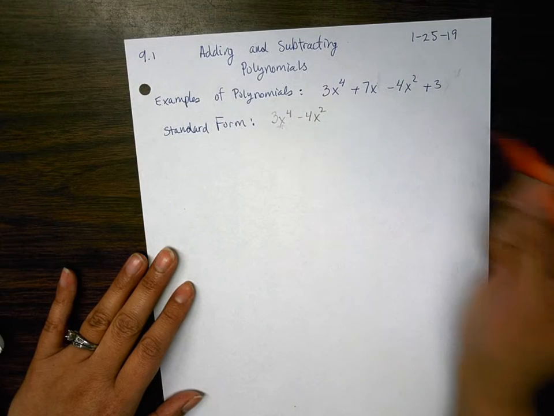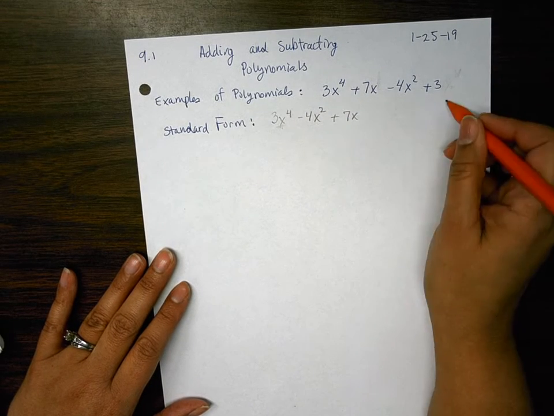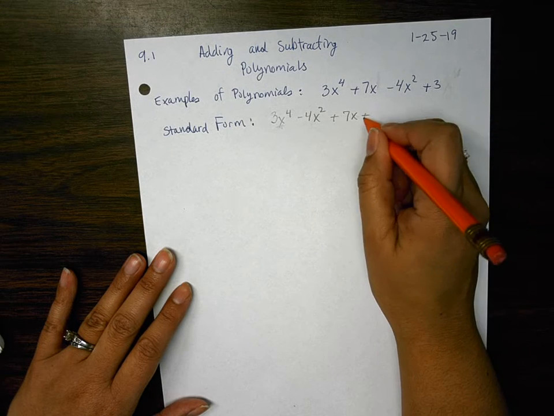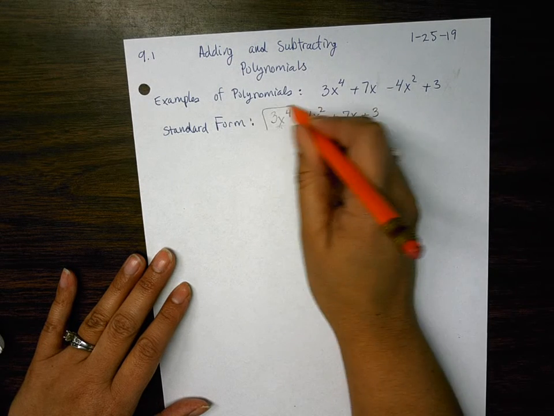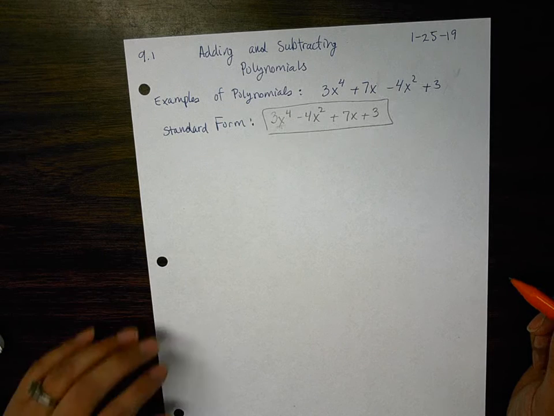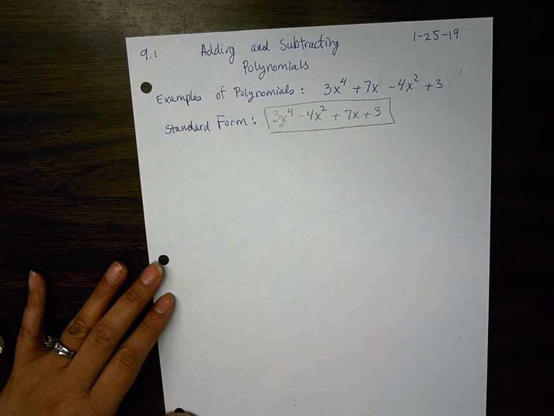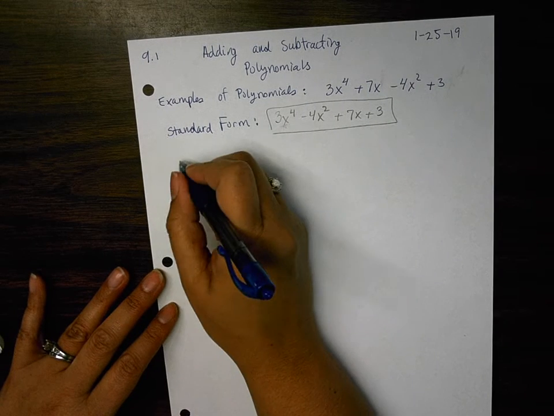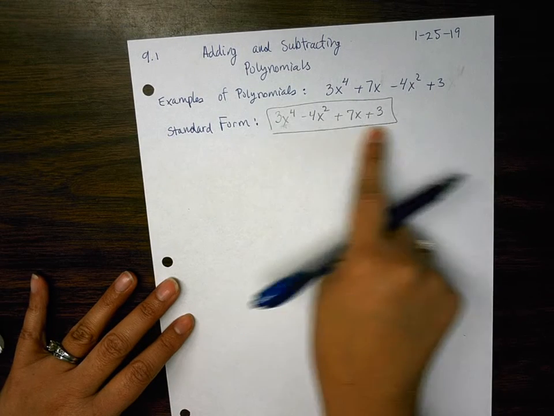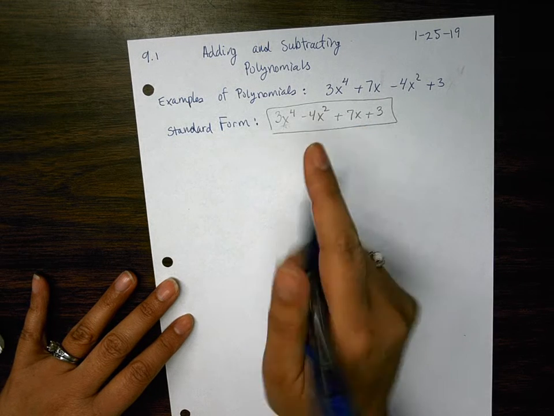Negative 4x squared, and then after that 7x, and then the constant. The constant is the one with no variable, or the x to the 0, and that there is standard form. Okay. So when they ask you on the test, simplify and write your answer in standard form, if you have it jumbled up, not in this form, it is wrong.